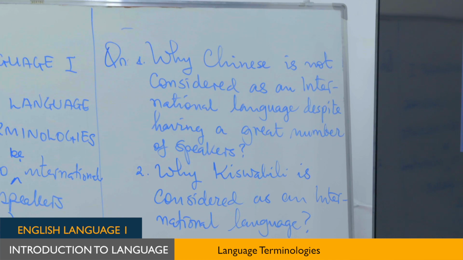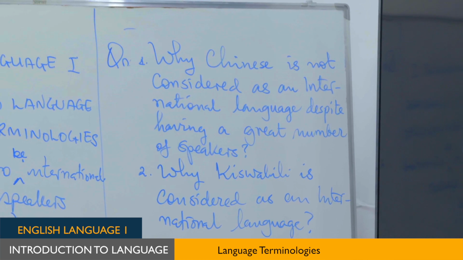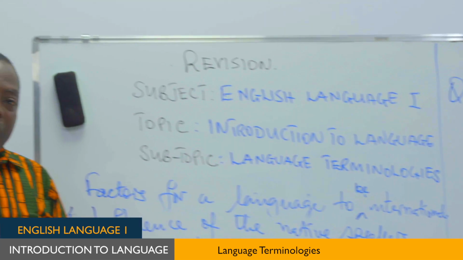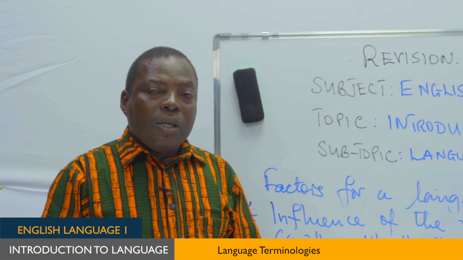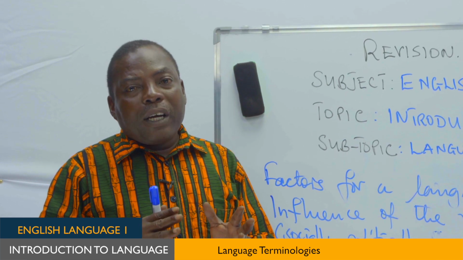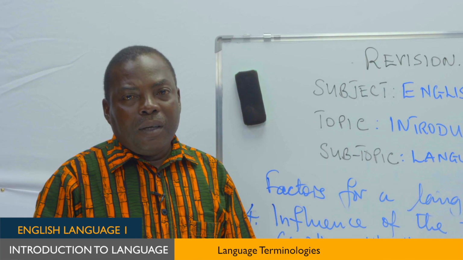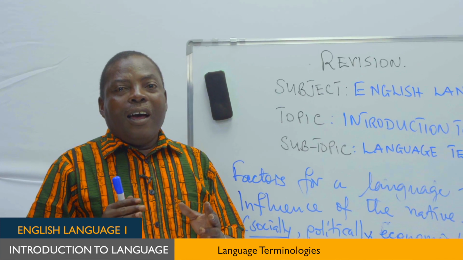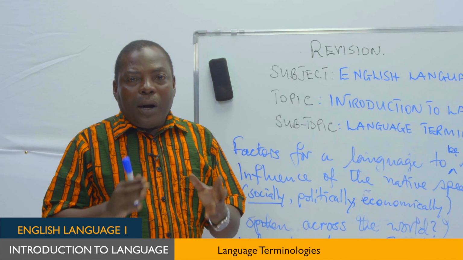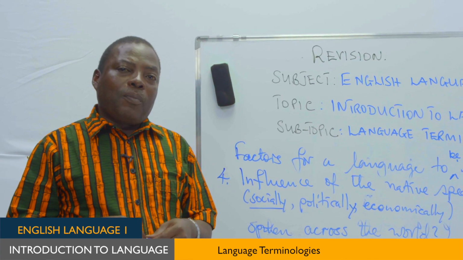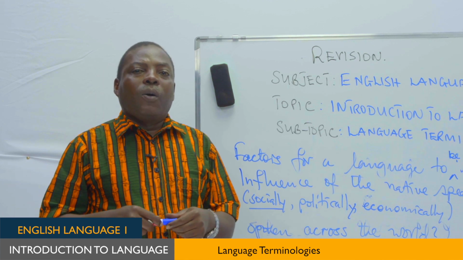When it comes to number two, where we said the language should be spoken worldwide, there should be a great dispersion of the people, of the countries who speak the language.